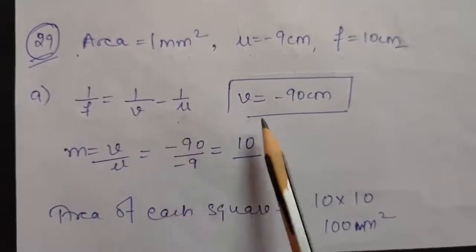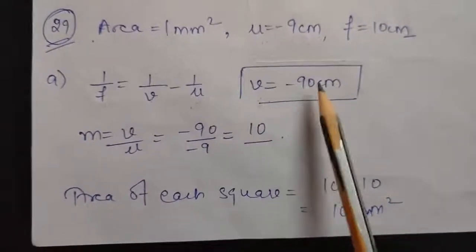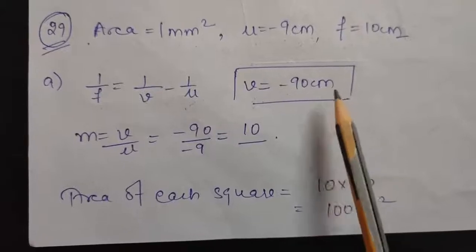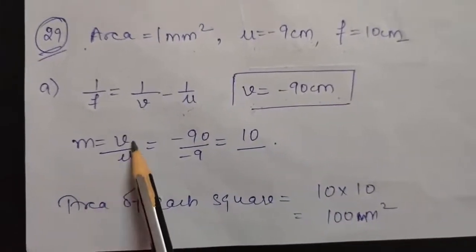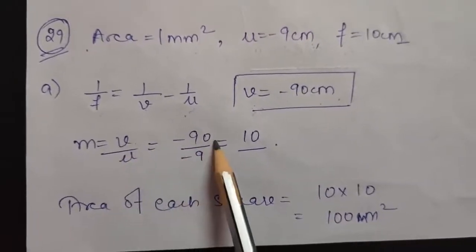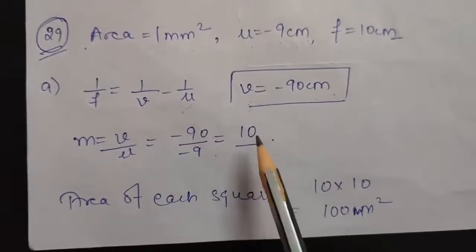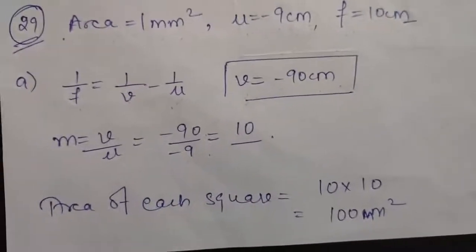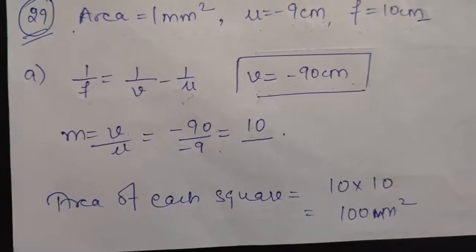Put the values, and you will get the position of the image to be minus 90 centimeters. Now for lenses, the formula of magnification is v by u. v is minus 90 centimeters and u is minus 9 centimeters, so the answer would be 10. It means the glass will be providing a magnification of 10.